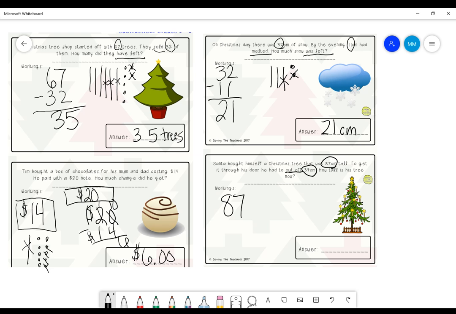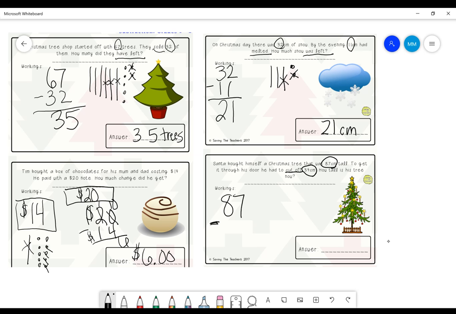To get it through the door, he had to take some of the tree away. He had to cut some of the tree. So if I am cutting part of the tree, am I getting more tree or am I losing some of the tree? I'm losing some of the tree, so that means I am subtracting. Notice how I'm using my words to help me figure out what I am doing.